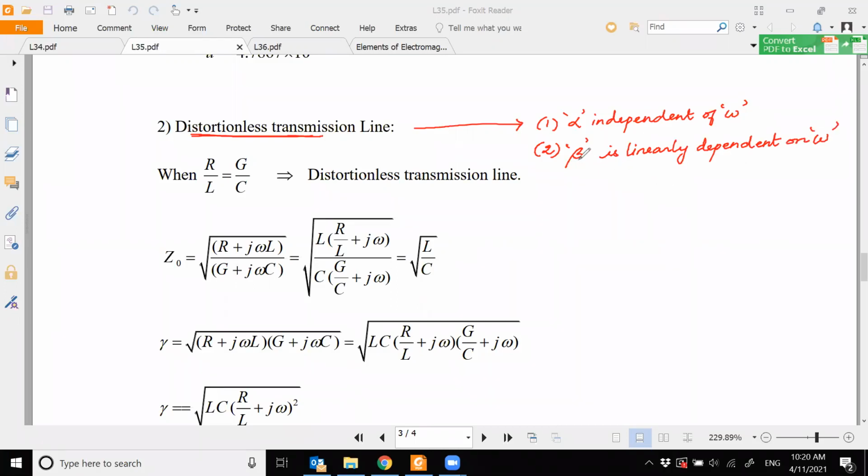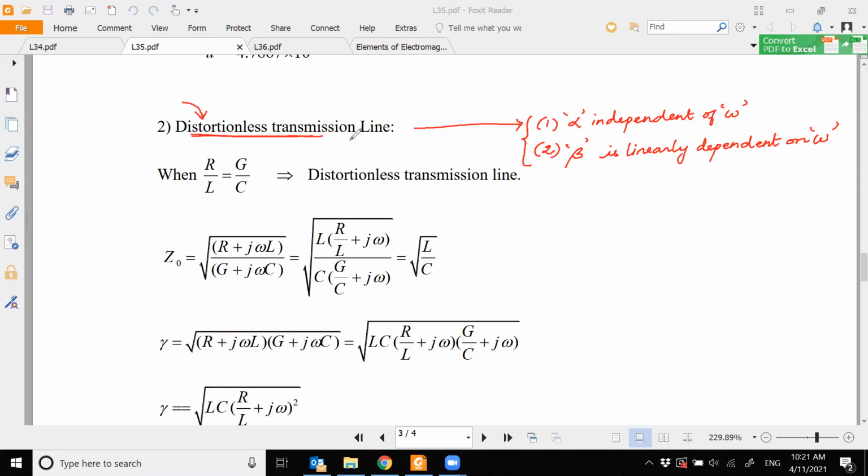That is, beta should be proportional to omega and alpha should be independent of omega. These are the conditions that are satisfied by the distortionless transmission line.